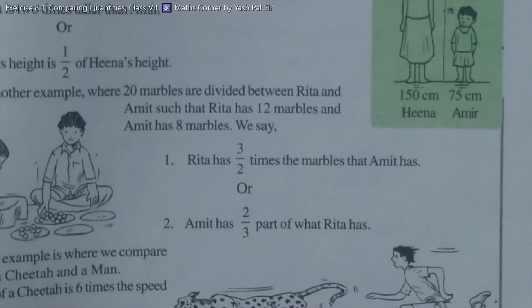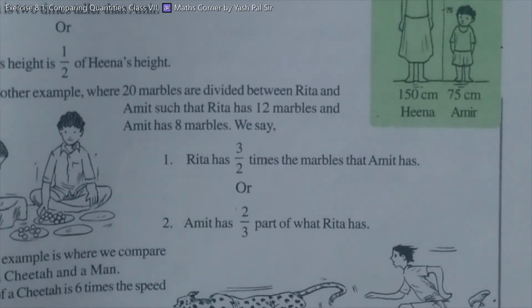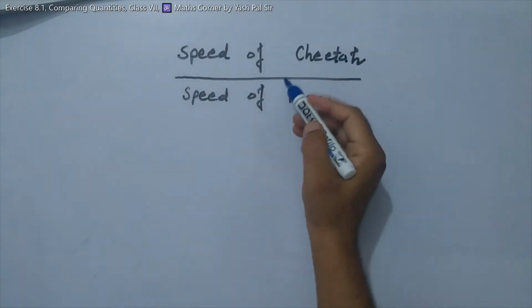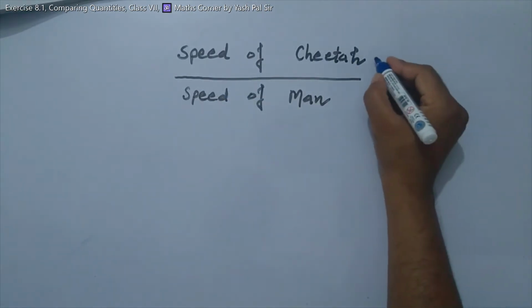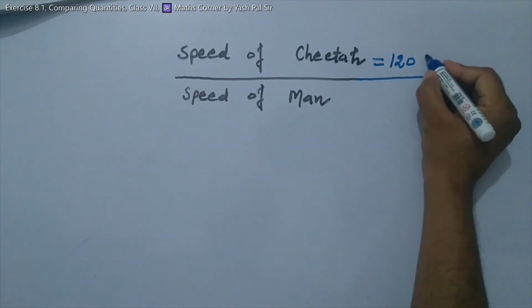Similarly, we have another example. Suppose a cheetah whose speed is 120 km per hour, and a man whose speed is 20 km per hour. Now we compare the speeds of these two. We can write this in fraction. Speed of cheetah is equal to 120 km per hour.